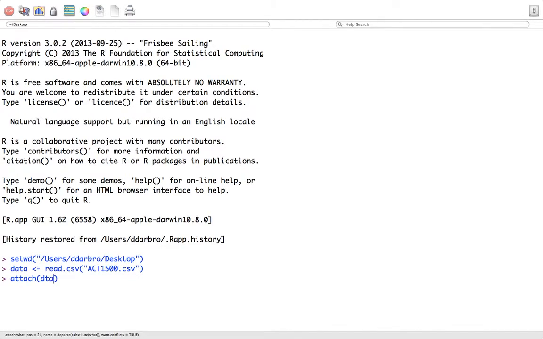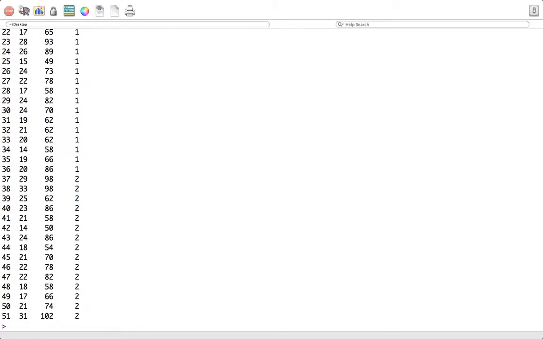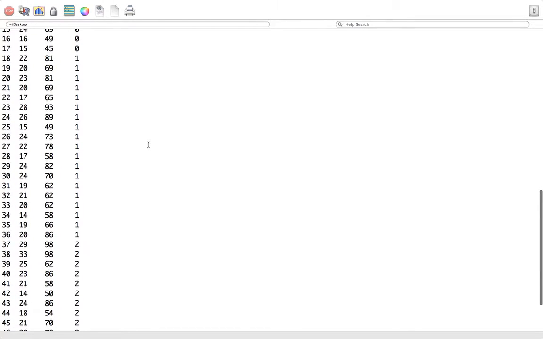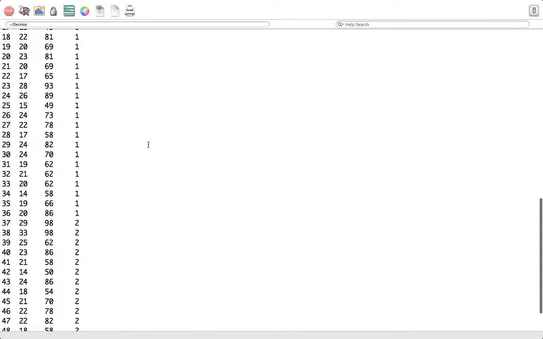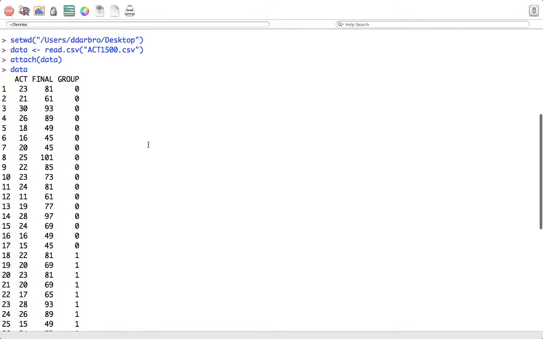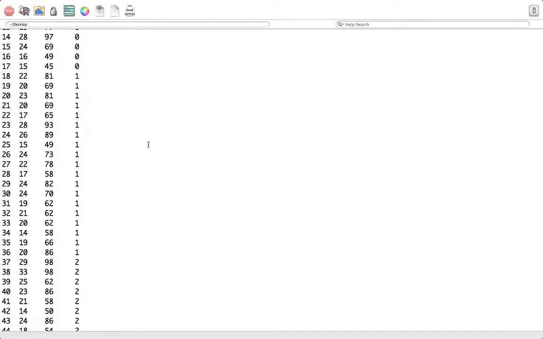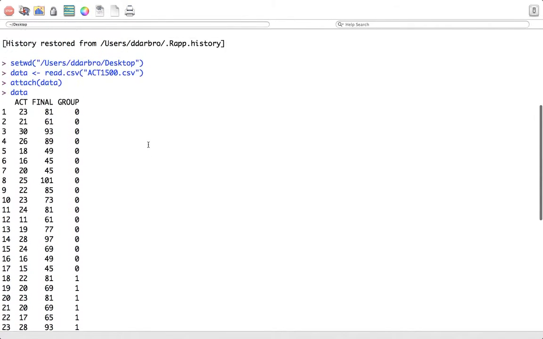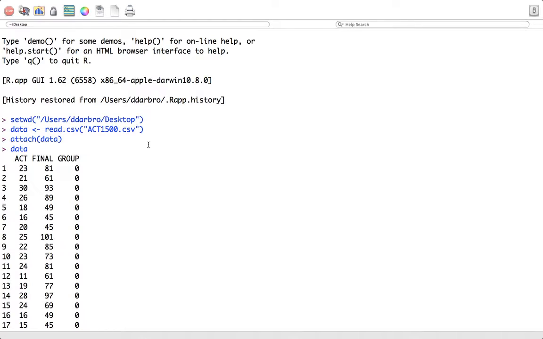And let's attach it. Everybody likes to look at their data. It's a small data set, 51. So it looks like we've got 17 in each group, so probably a balanced design. Yeah, probably. Maybe not. Okay, well, we'll find that out in just a second.